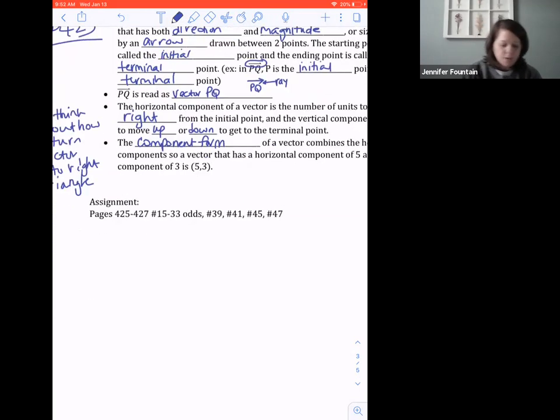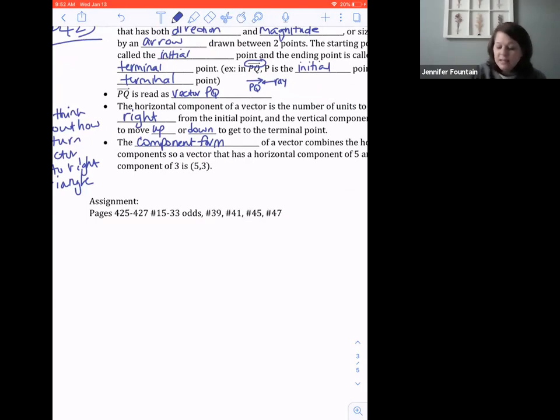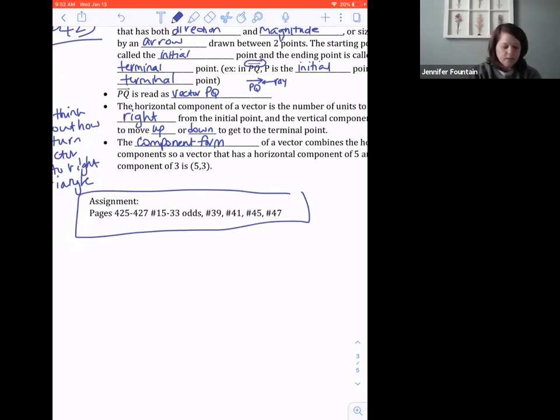Okay, so our assignment for this section is pages 425 through 427, numbers 15 through 33 odds. And then we also are going to do numbers 39, 41, 45, and 47. All right, if we look at 15 through 33 odds, it should be fairly self-explanatory.